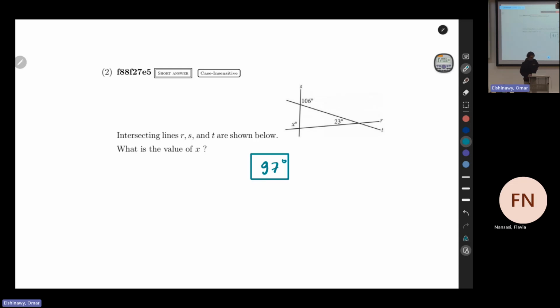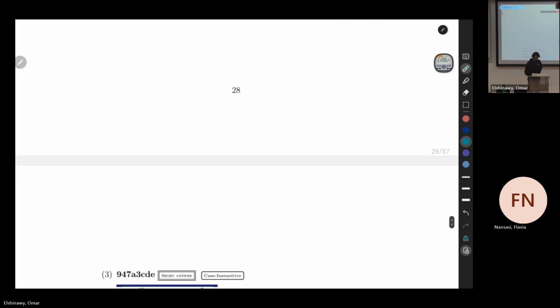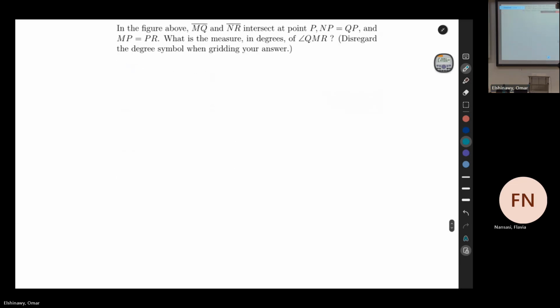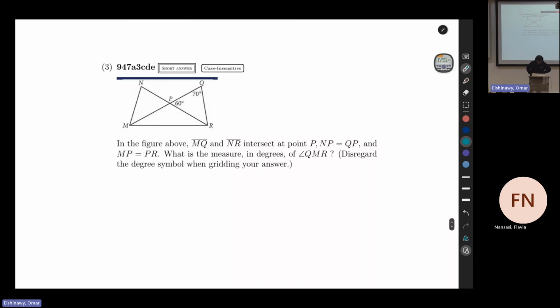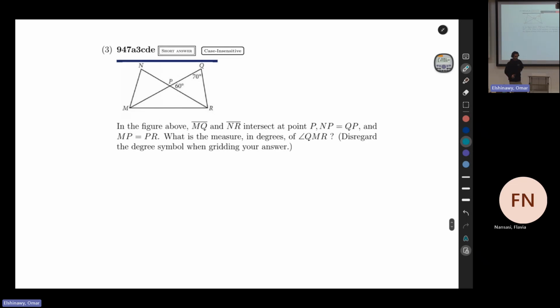Let's take a look at perhaps some more interesting exercises. Let me take a moment to assess this. It looks interesting to me. What do you guys think? Yeah, let's do it.